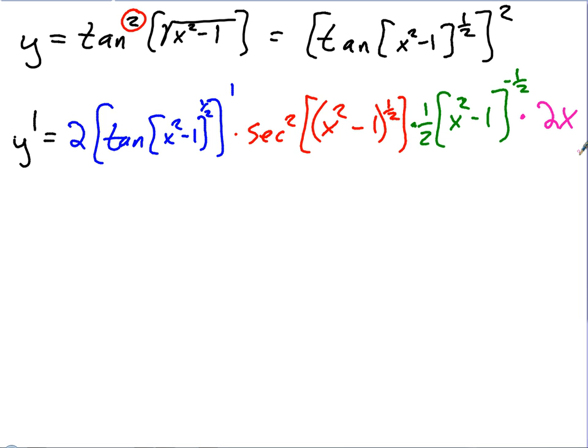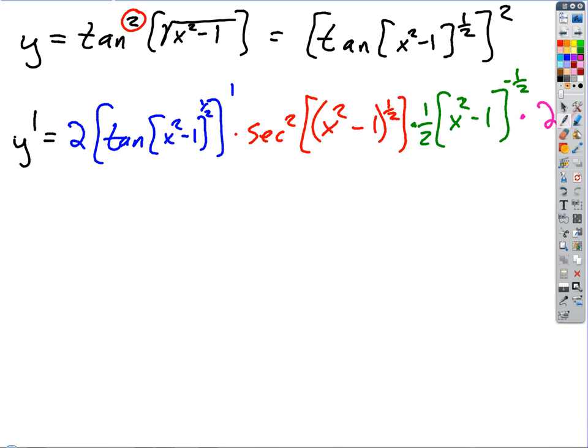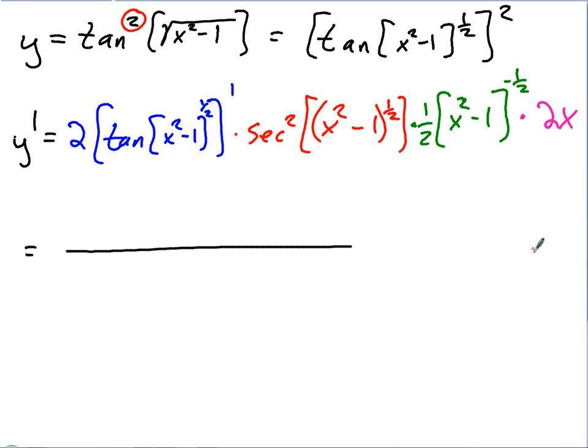Now we just got to clean it up a little with algebra. So this looks like we're going to have some stuff on the top and some stuff on the bottom. So let's make a big fraction out of this, right? Okay, so what's going to go on this? Well, any cancellation? Yeah, the 1/2 is going to cancel with a 2, isn't it? Take your pick, either that 2 or this 2, doesn't matter.